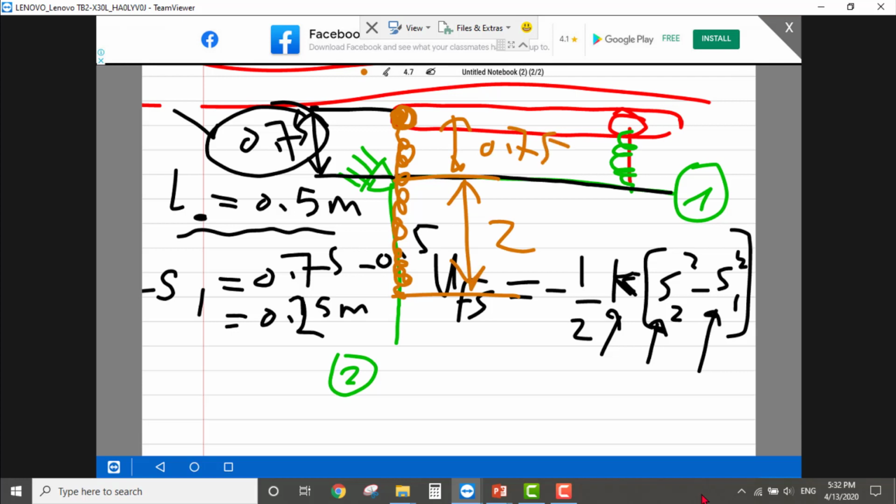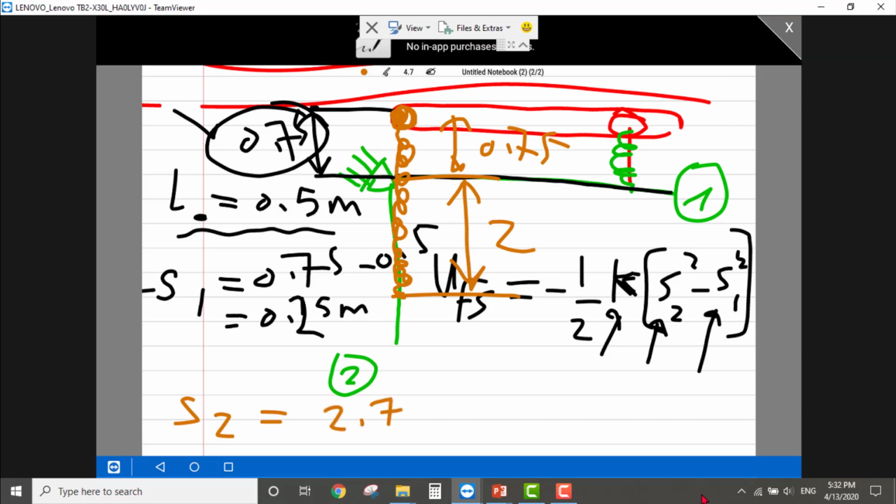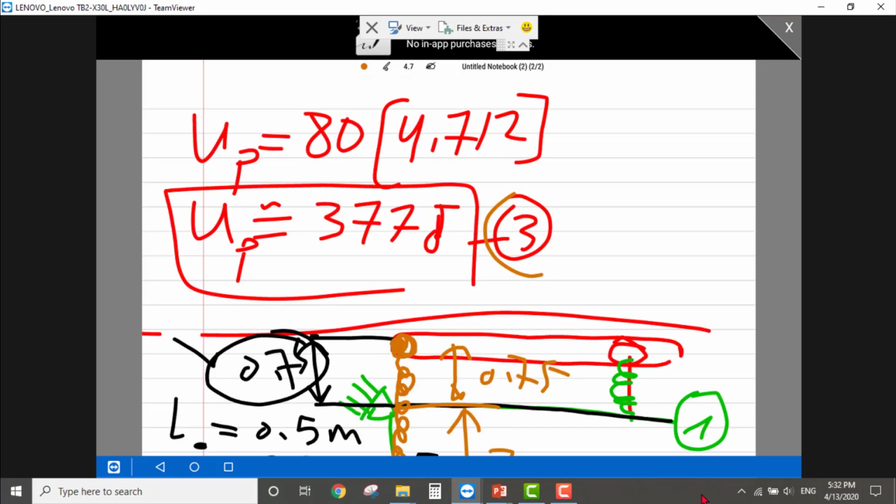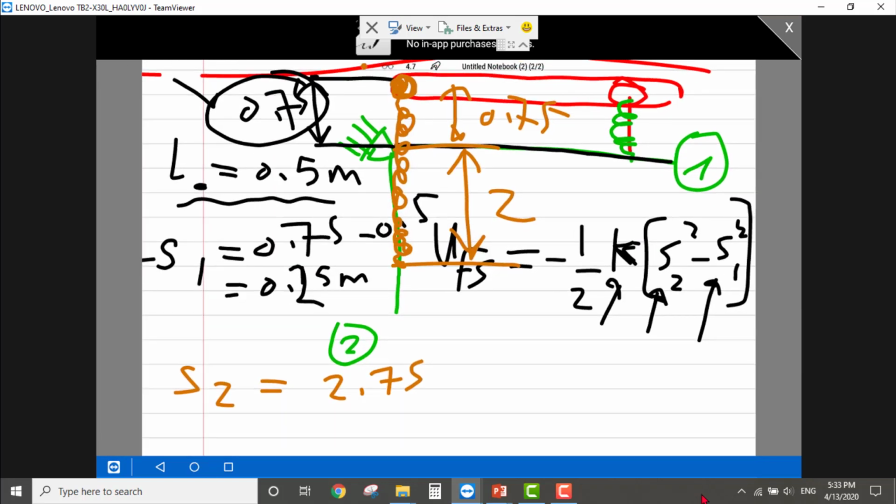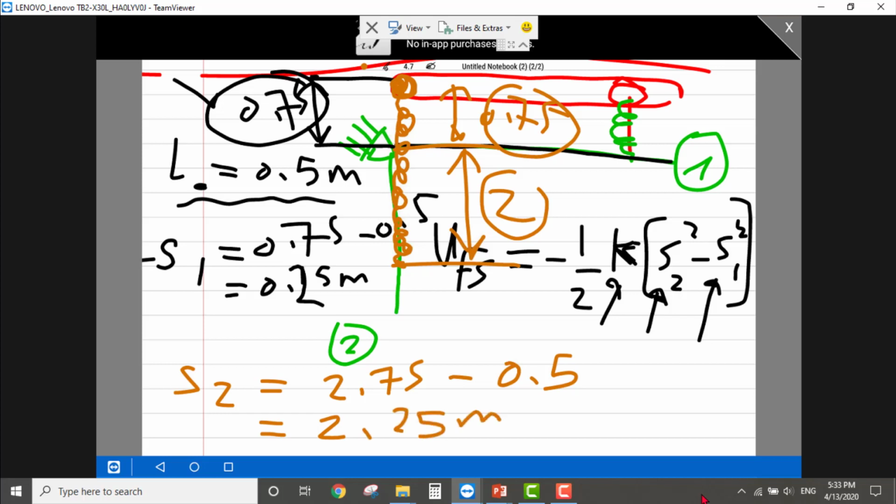Do we have stretching? Yes. So S2 equals the final length, which is 2.75, the total length, this one plus this one, minus the original length, which is 0.5. So stretching in state 2 is equal to 2.25 meter.